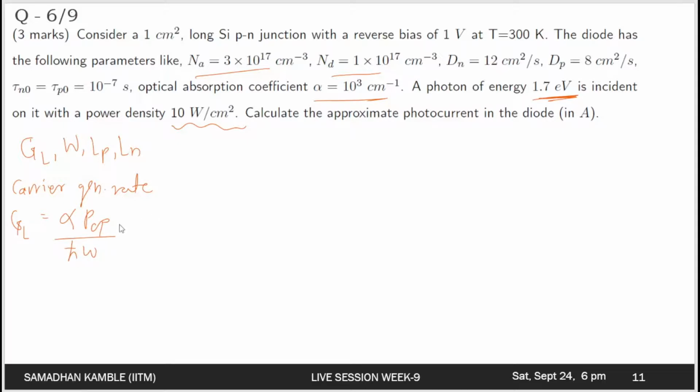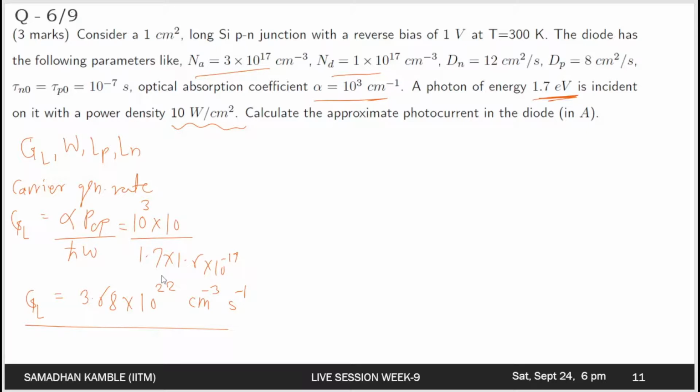In our case, alpha is 10 to the power 3 times the power, 10 watt per centimeter squared, times the energy. So h cross omega is around 1.7 times 1.6 times 10 to the power minus 19 joule, and we'll get the value of GL as 3.68 times 10 to the power 22 per centimeter cube per second. One parameter is done.